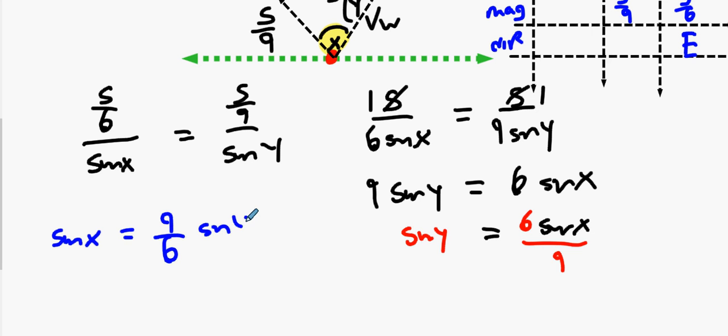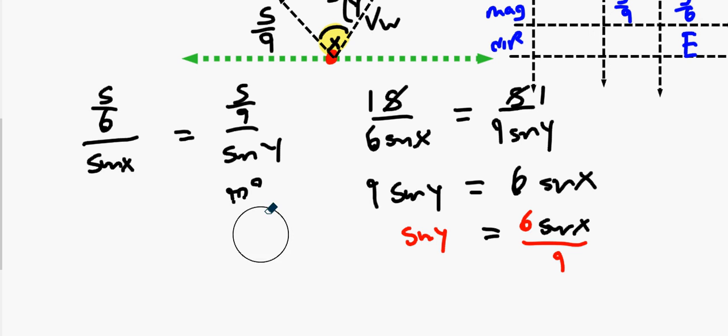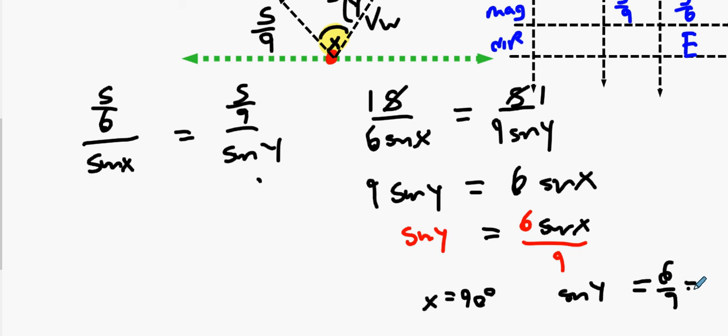And if you put sine y equal to 90 degrees, you'd get sine x equals 9/6, and that number's too big. You can't do it that way. Sine inverse 9/6 doesn't exist. So we put x equals 90 degrees, we get sine y equals 6/9, which is 2/3.